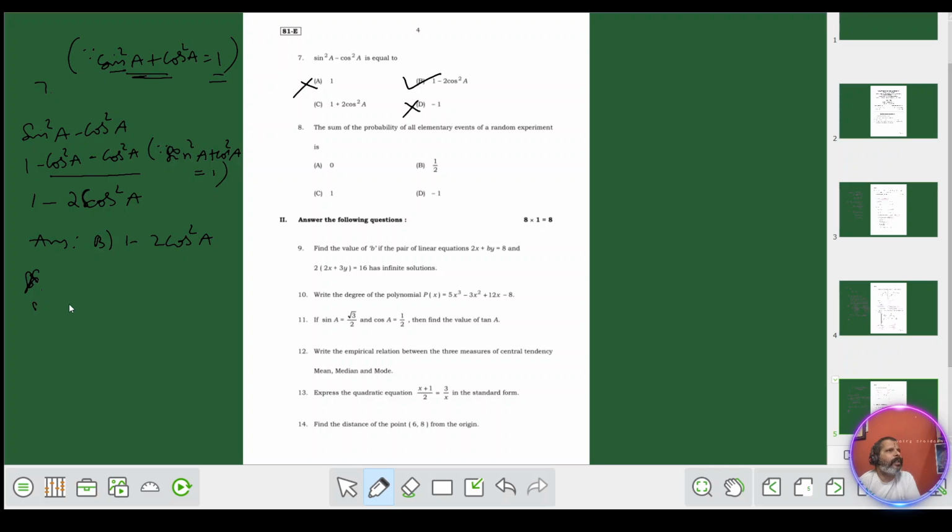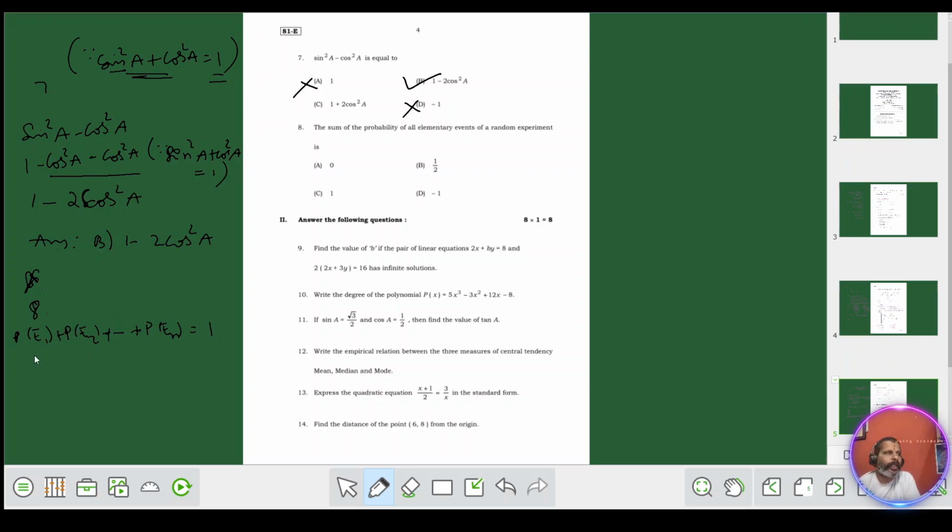The sum of the probability of all elementary events of a random experiment. It's a formula, remember that. P of E1 plus P of E2 plus dash dash dash plus P of En is equal to 1.